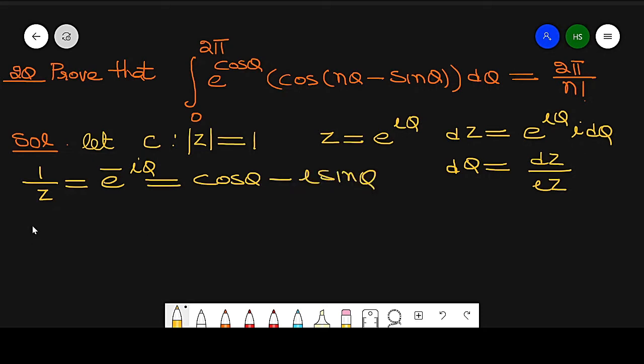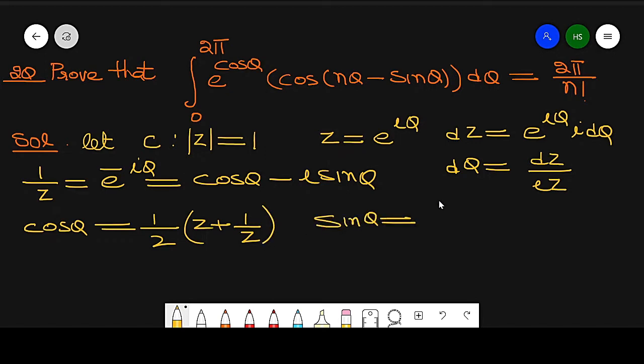So from this we get the value of cos theta, which is 1 by 2 into (z plus 1 by z), and similarly sine theta, which is 1 by 2 iota into (z minus 1 by z). These values, right?